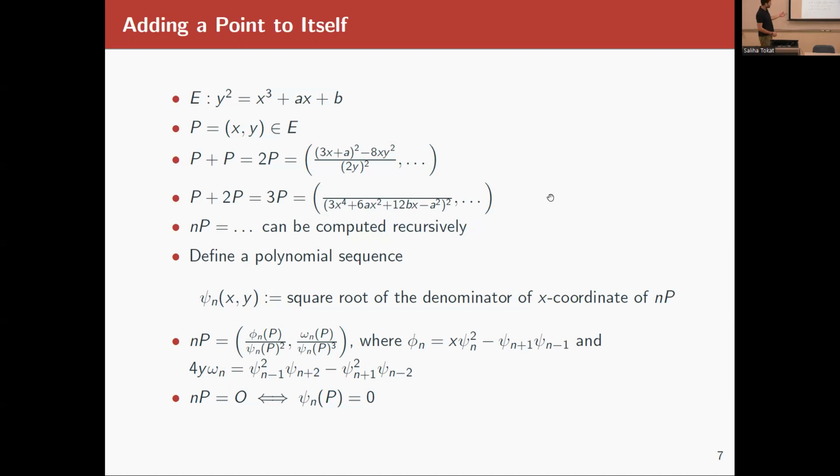Two of them can be obtained by psi n, which is the only important sequence for us. It is the square root of the denominator of the x coordinates. You can see here, if it is evaluated at P and n is 0, then it means that nP is 0, the point at infinity.